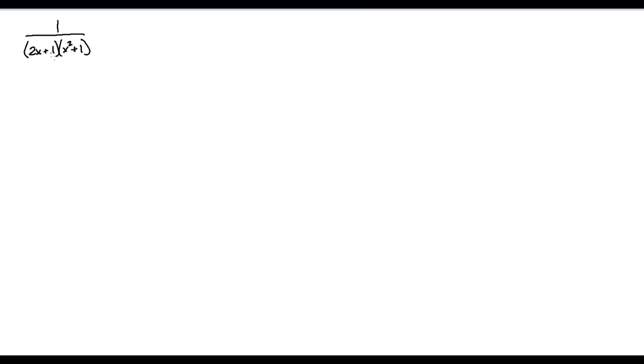If I have a cubic on the bottom, a linear multiplied by a quadratic, then what I need to do is have a normal number over the linear plus a linear equation over the quadratic, which gives you the expression.